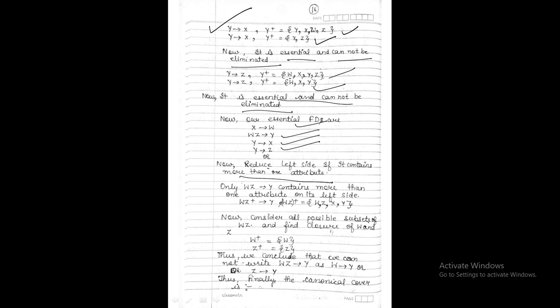Now consider all the possible subsets of WZ and find their closures: W's closure is W, Z's closure is Z. We can conclude that we cannot reduce WZ implies Y to W implies Y or Z implies Y. Finally, the canonical cover is X implies W, WZ implies Y, Y implies X, Y implies Z, and this is the canonical cover.